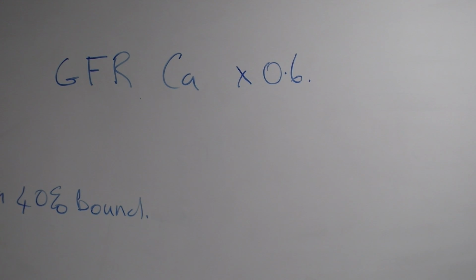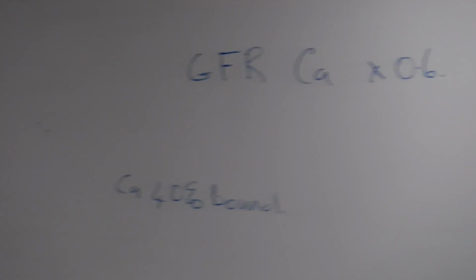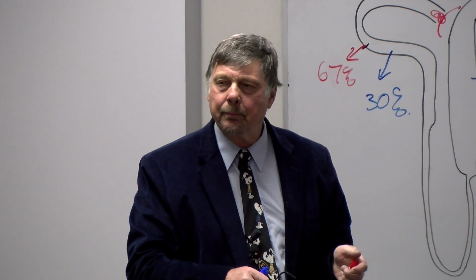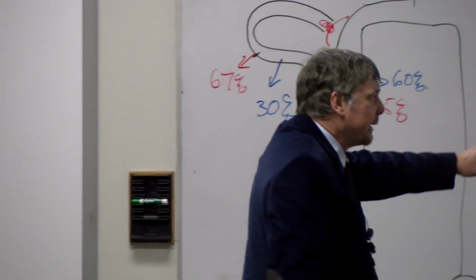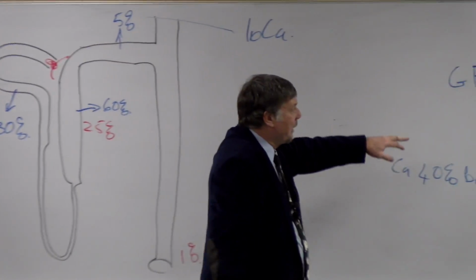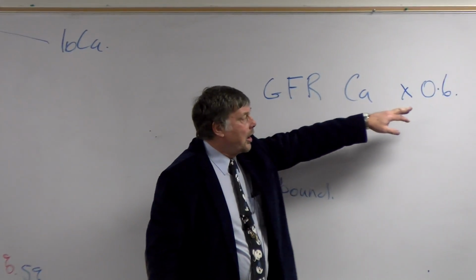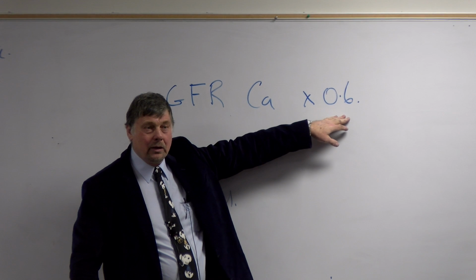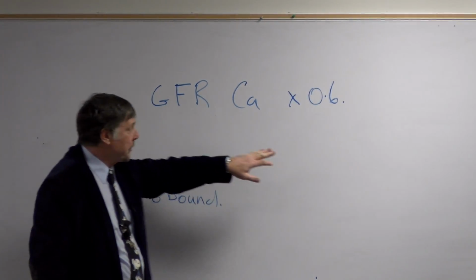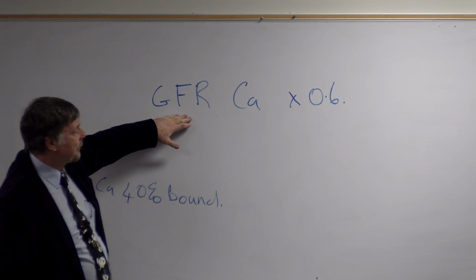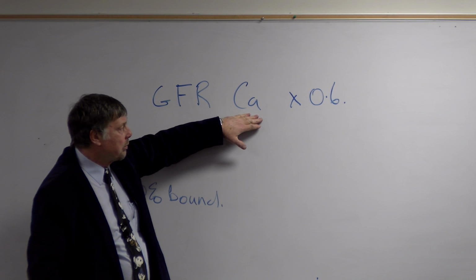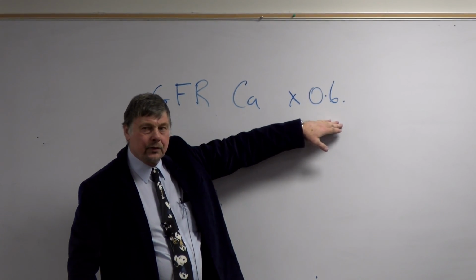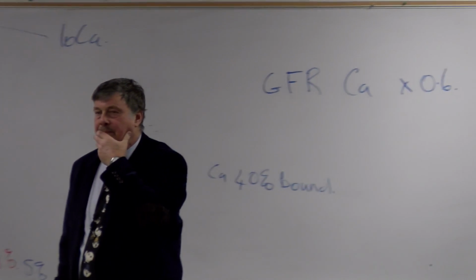And I just do that at this point because it's a possibility for a question coming up. Do I need to go through that again? Only 60% or 0.6 is free, so that's the only part that can get filtered. So the filtered load is the glomerular filtration rate times the total calcium times whatever is free, the fraction that's free. Yep.